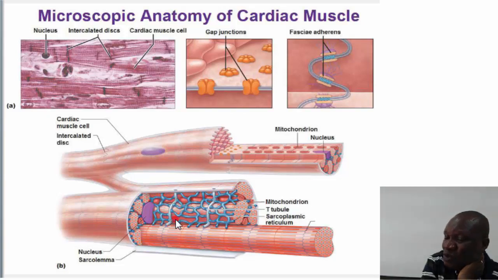So only two. So they form a dyad. Unlike in the skeletal muscle, where the T-tubule is sandwiched between two terminal systems to form the triad. Now, the cardiac muscle cells are innervated by the autonomic nervous system.